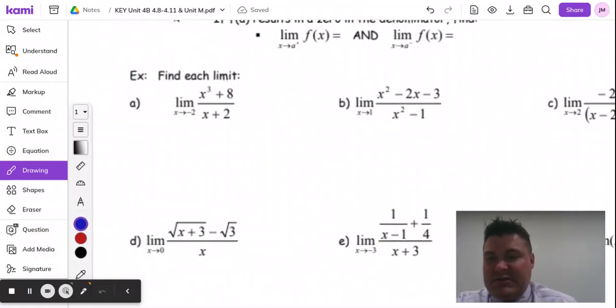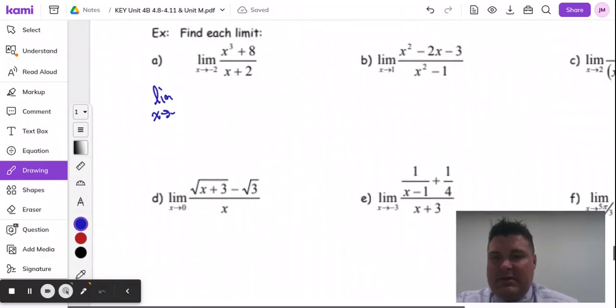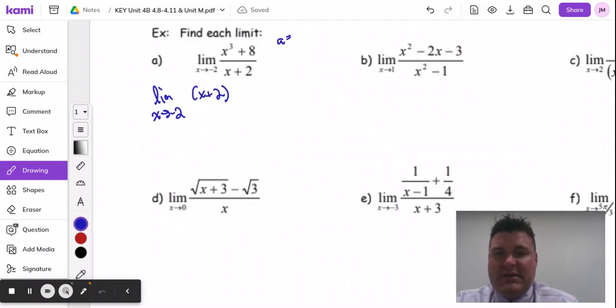So the top factors. There we go. That's a cubic, so it's going to be x plus 2 on top, because your a value is x, your b value is 2, since 2 cubed is 8. Then times x squared minus 2x plus 4, this is a formula that you're supposed to memorize, all over x plus 2.